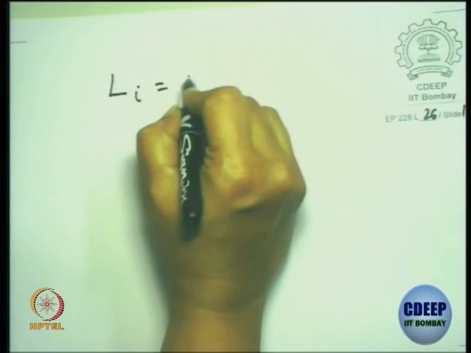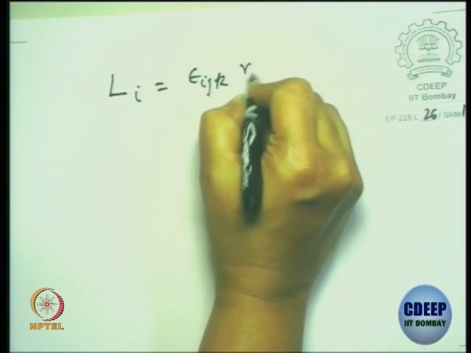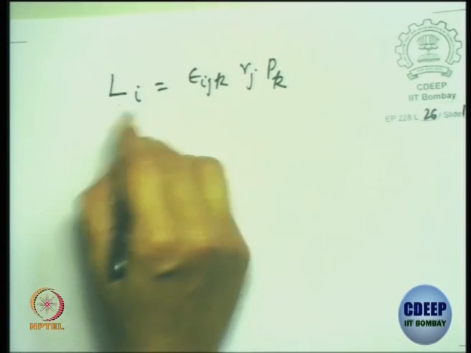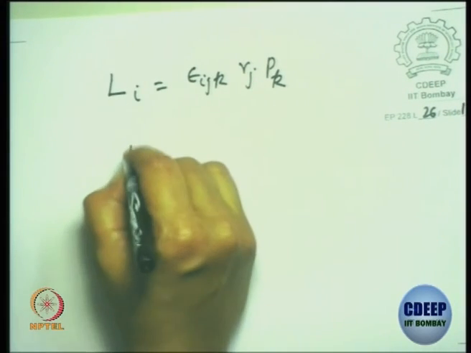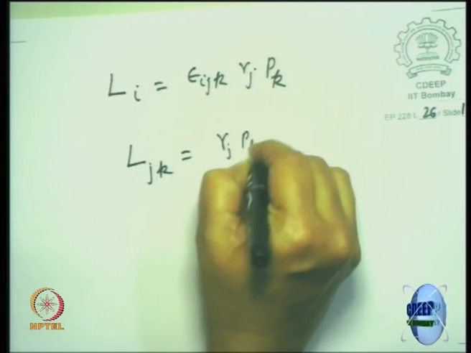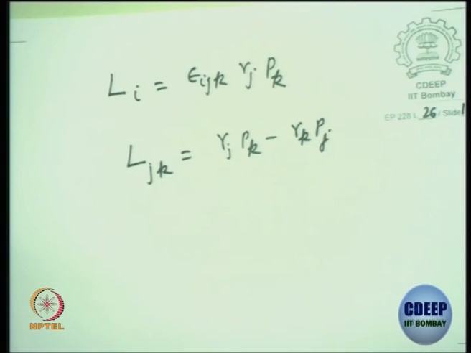So what I am saying is you wrote Li to be epsilon ijk rj pk, right. Now I am trying to say that this is not the right way to write. We will write L tilde jk as rj pk minus rk pj.